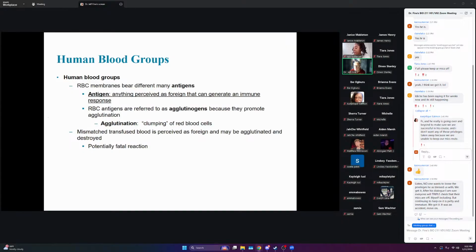And nothing beyond that is going to get oxygen and it's going to die. If it happens to be in your neck, you'll have a stroke. If it happens to be in your chest, you'll have a heart attack. Okay? So that's why we don't want these. That's the potential fatal reaction that can occur if blood types are mismatched.